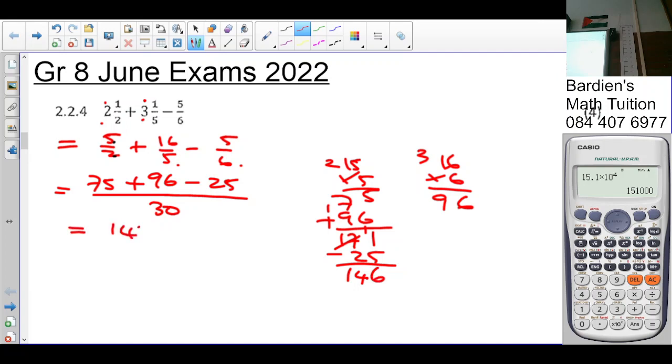Is that correct? 146 over 30. 2 goes into it, 73 over 15. 73, is that correct? Who got that sound right? You got full marks for the sound. Is that right? Yeah, nice.